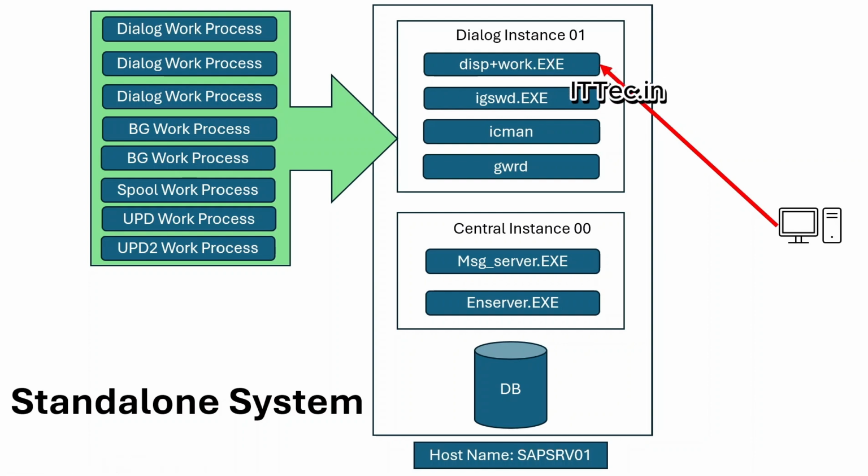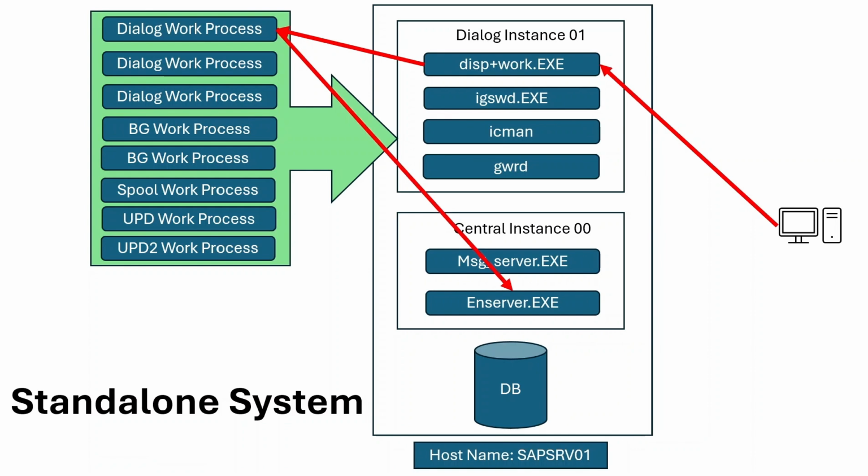If the user is asking for some data directly from the database and calculating it and then providing it back, or asking to print something, or asking to update something in the database, this is checked by the ABAP dispatcher. So let's say the user is asking to compute some data, or asking for the result of a transaction or something. What will happen? It will simply assign a dialog work process. We will see all those things in the system in real life.